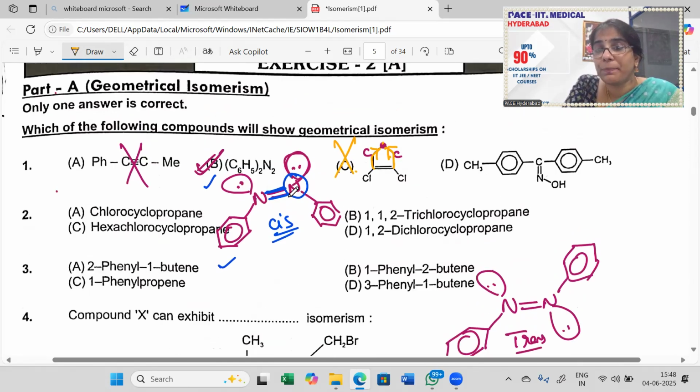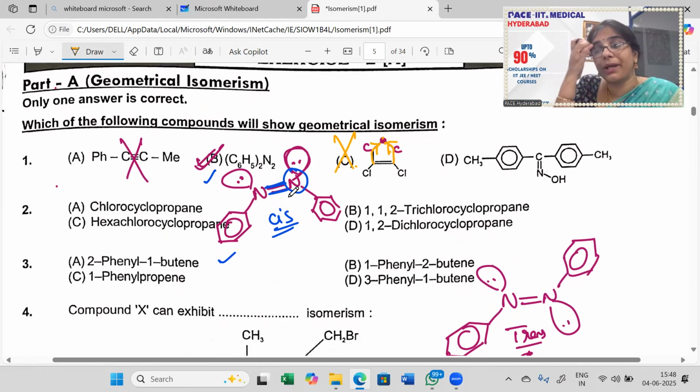And then why not option D? Let us also check it out. See, on the double bonded carbon site, I'm putting a star mark here on option D. Nitrogen will have one lone pair, which I'm drawing. So on one side, one lone pair and one OH, very good.